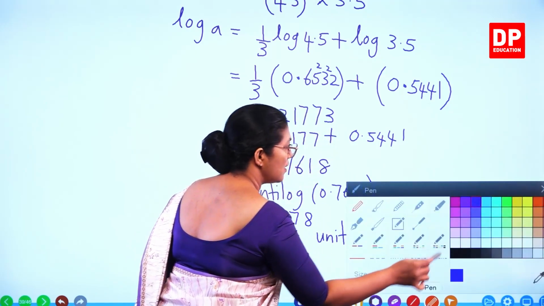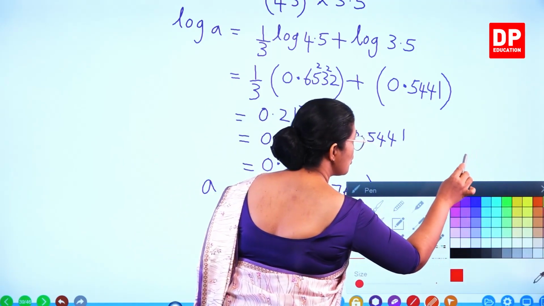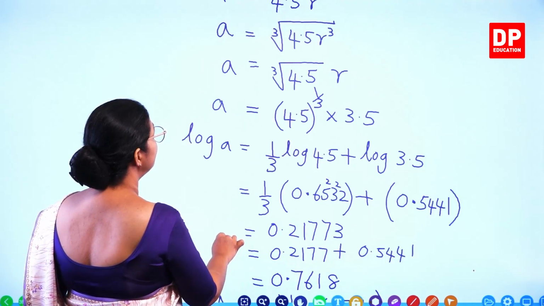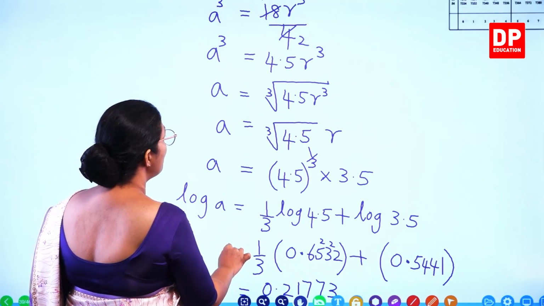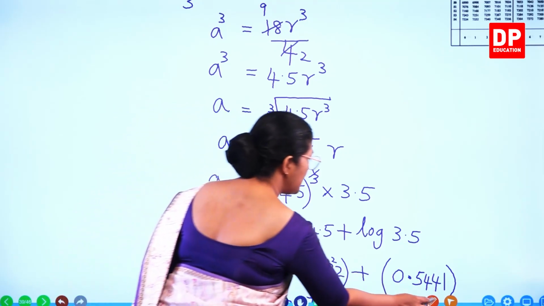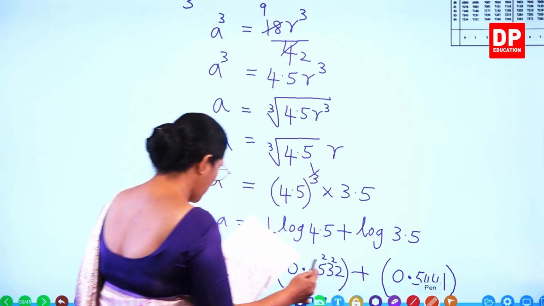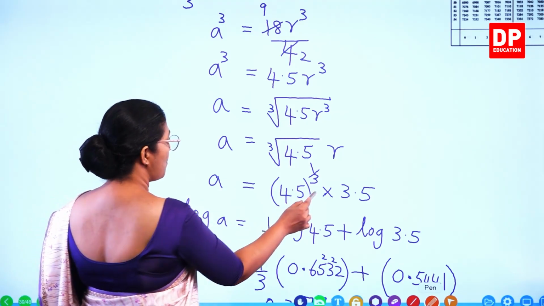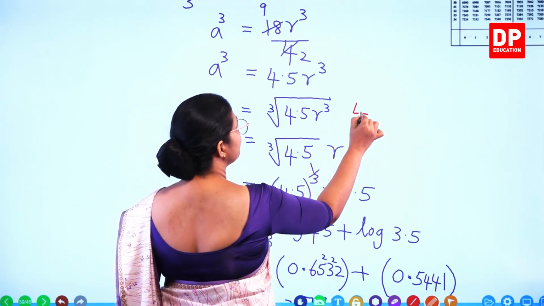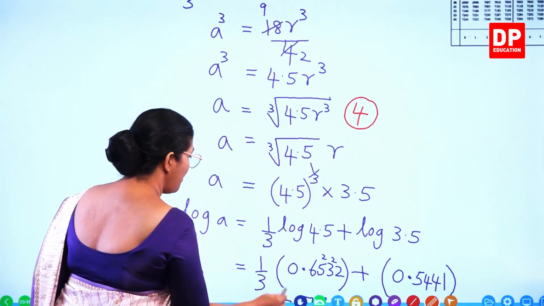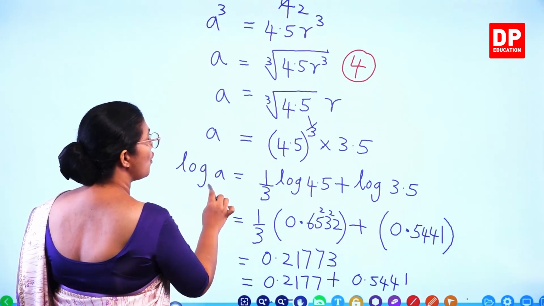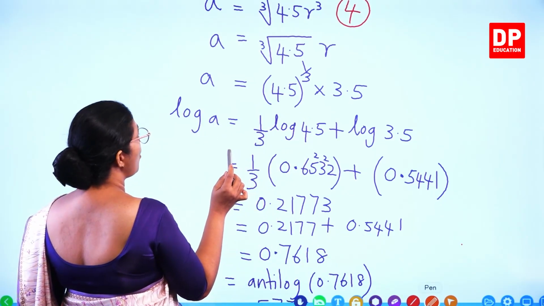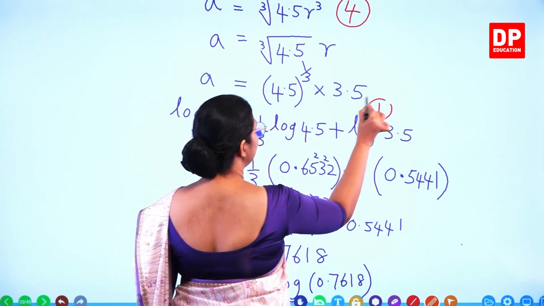Okay, so let's give marks for this question. Proving up to this point, you are getting 4 marks. And then you get 6 marks for the logarithm part. So taking log both sides, 1 mark.